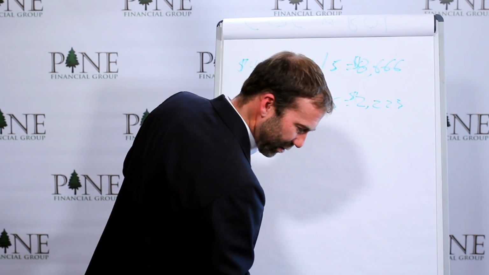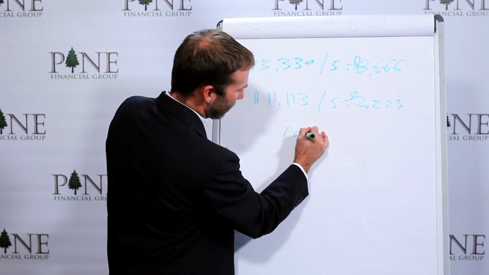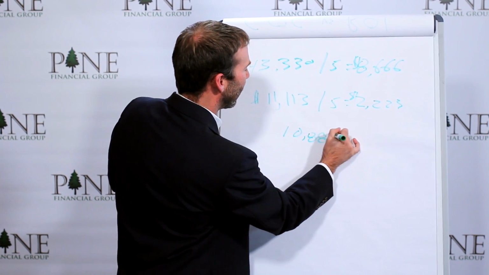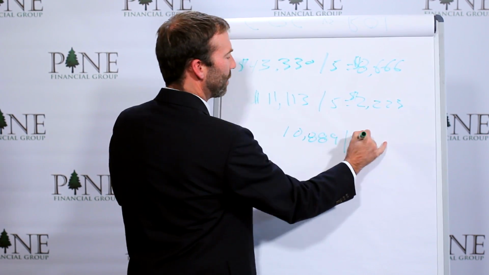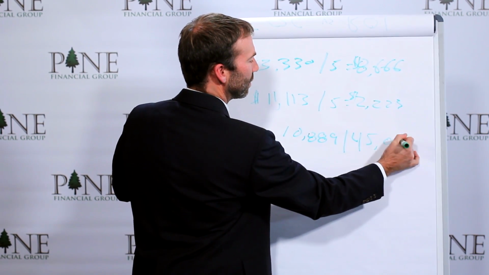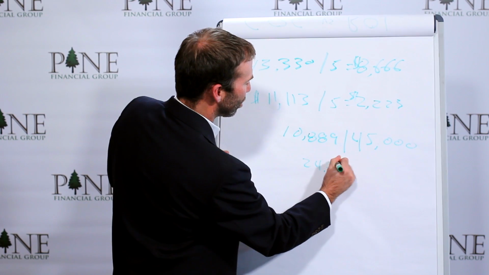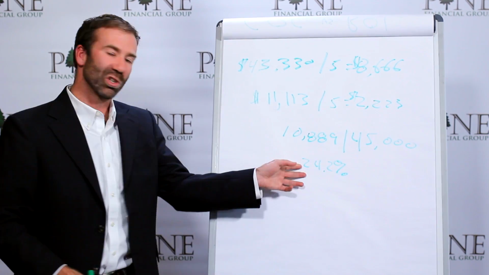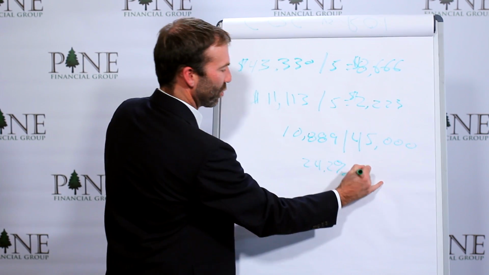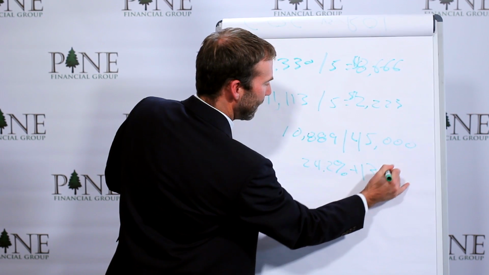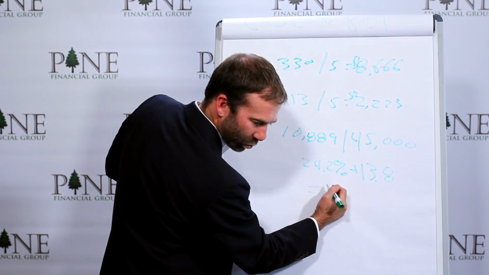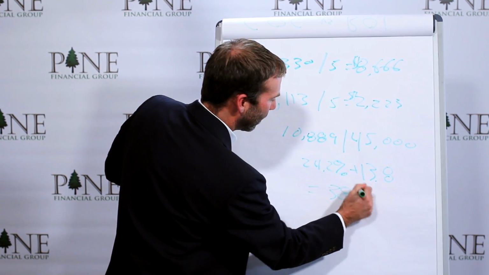Okay, you add these together and we get $10,889. Okay, again, divide by our investment of 45,000 and we get a return of 24.2%. Now you have to add the 24.2 to the 13.8 if I remember right, and we get a total return of 38%.